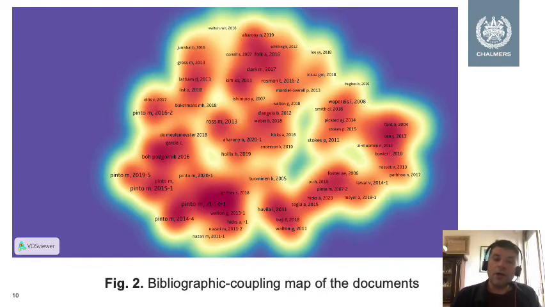Based on bibliographic coupling, I've also explored the relations between documents, which are identified here by year and the first author. In the additional files of the proceedings, you will also find the complete dataset of my paper, and you'll be able to find out which documents are the oldest ones in this heat map or density map.